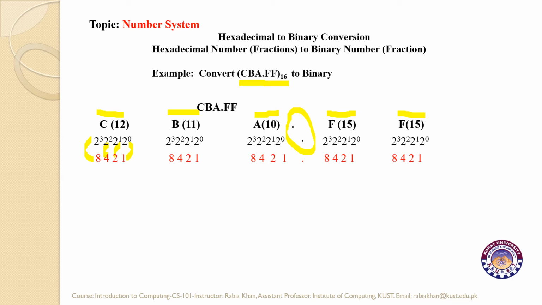So now let's see which numbers are required to be added together to generate 12. That means those bits must be switched on while the rest of the bits will be switched off. So how can we generate 12? If we add 8 with 4, that would generate 12.